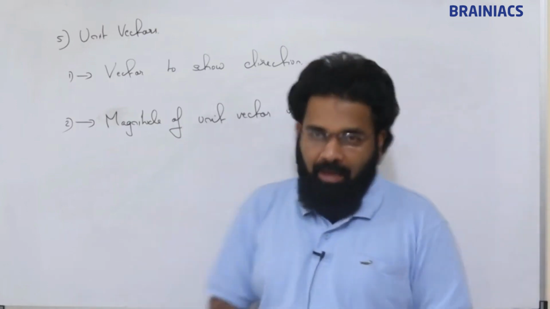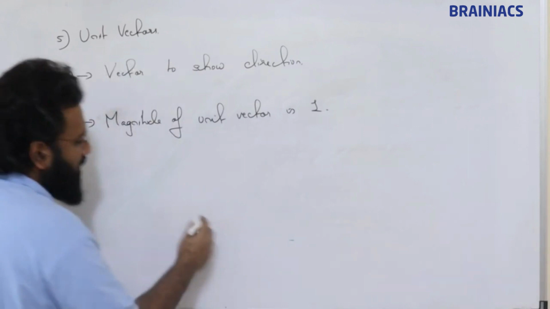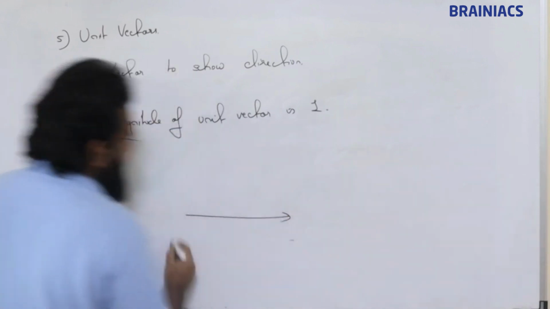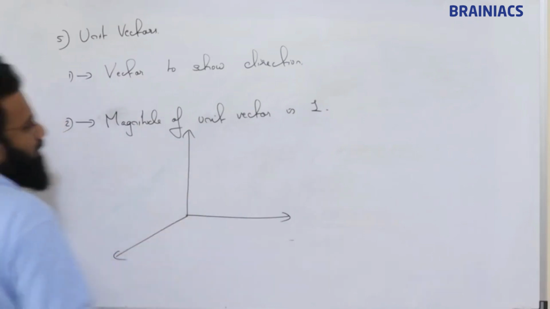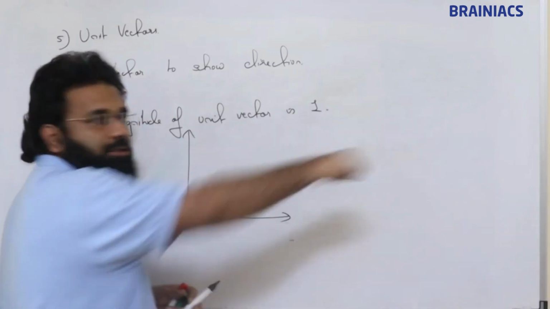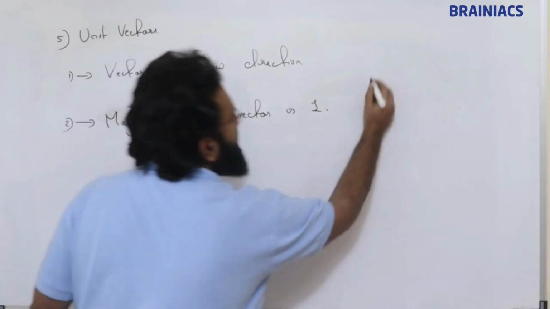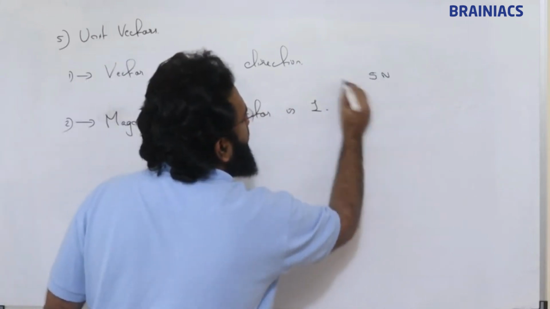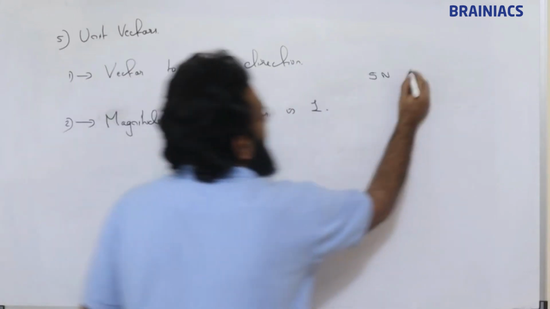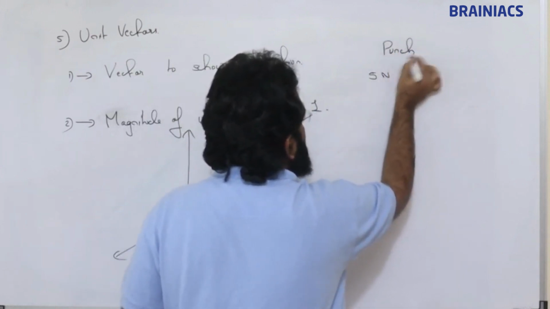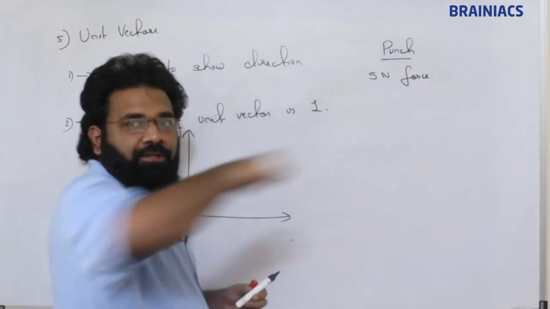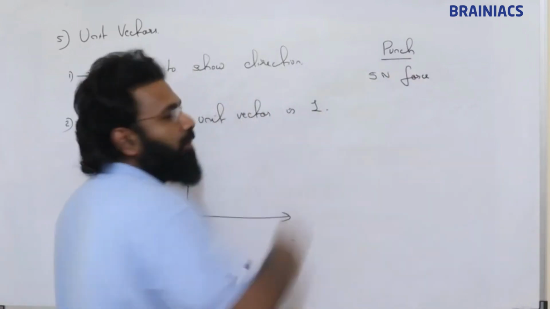I will show you. Suppose when we draw x, y, z, someone punched in this direction. I punched with 5 Newton force, a punch in this direction, this was 5 Newton.